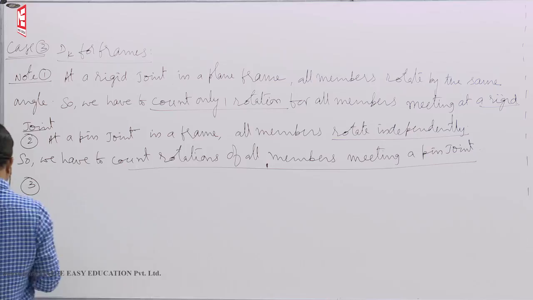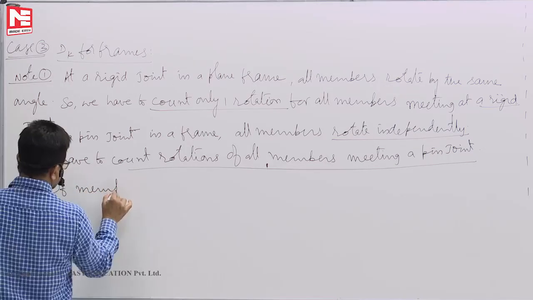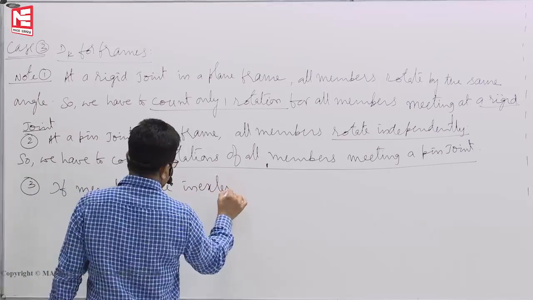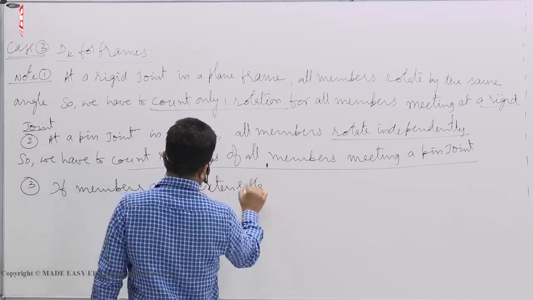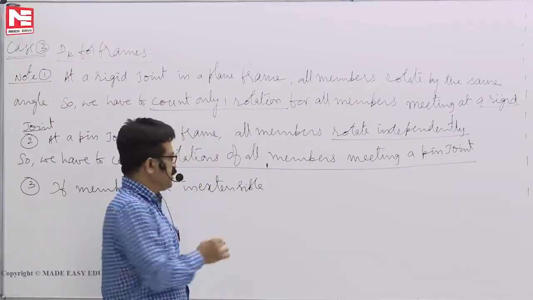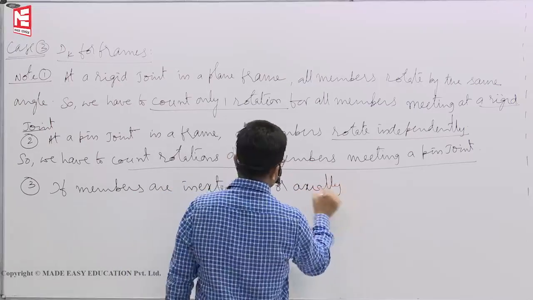Next, third point. If members are inextensible, extensible and inextensible are opposite words. Inextensible, or if they give axially rigid, both mean the same.